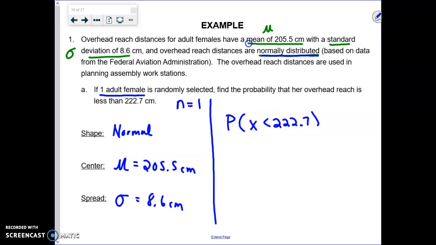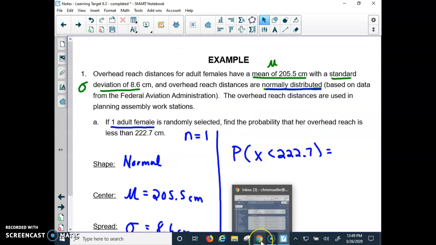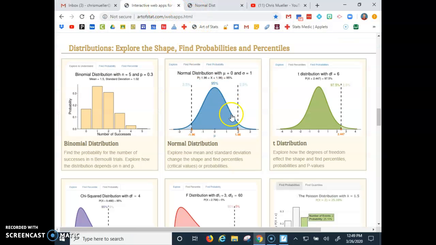You can go to the ArtofStat app, the normal distribution, or you can go to the StatMedic applet if you've been using that, and we're going to do that. We need to figure out what this is. So I'm going to walk over to my computer here, reduce this, and then we're going to go to our normal distribution here.